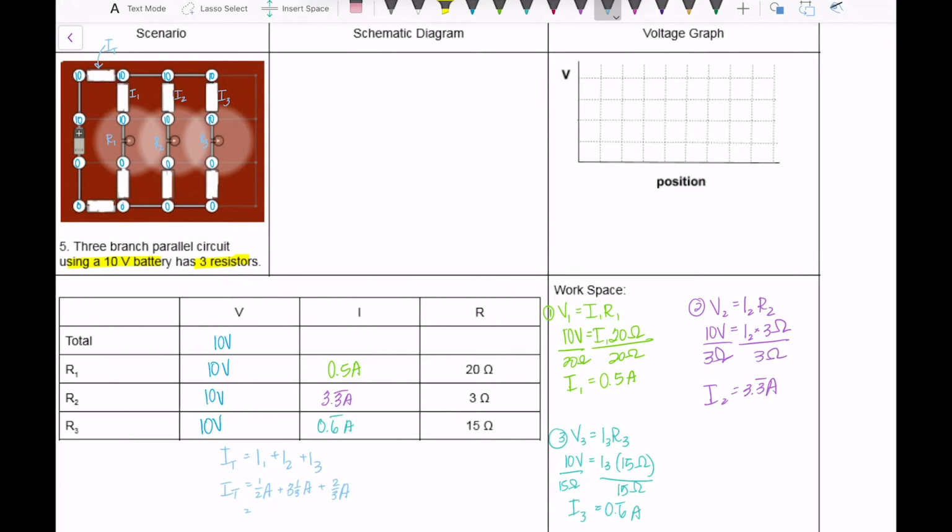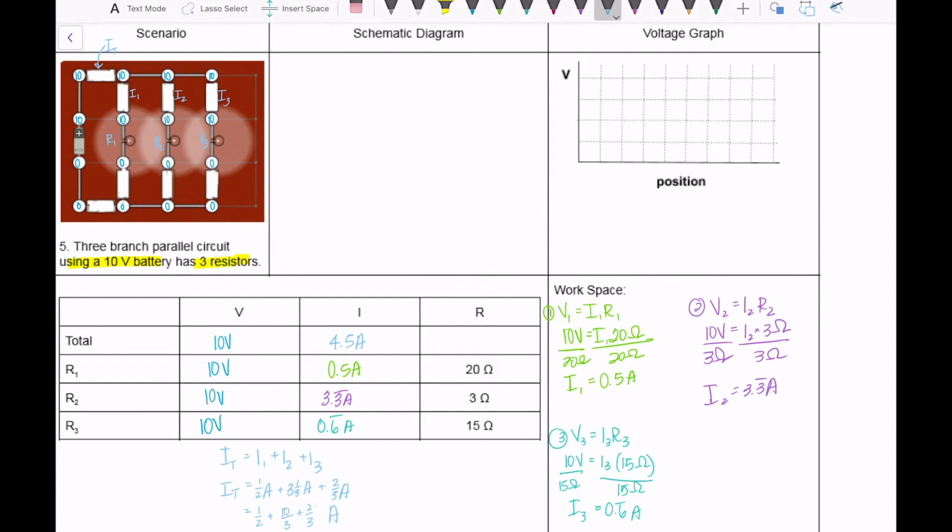That's 1/2 plus 10/3 plus 2/3 amps, which gives us 1/2 plus 12 divided by 3, which is 1/2 plus 4, which is 4.5 amps.